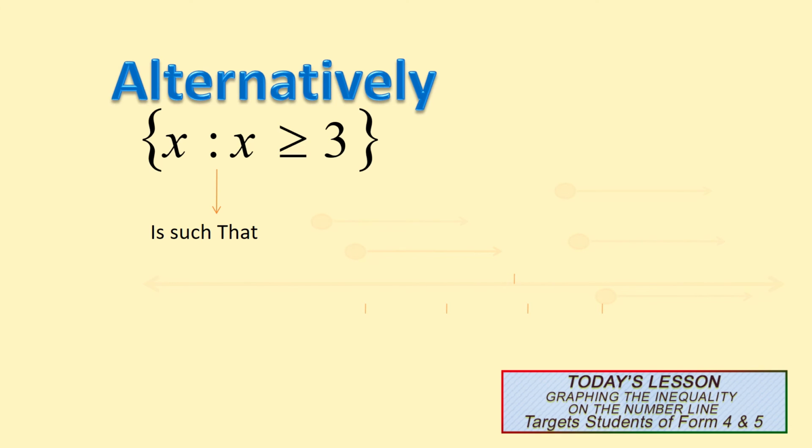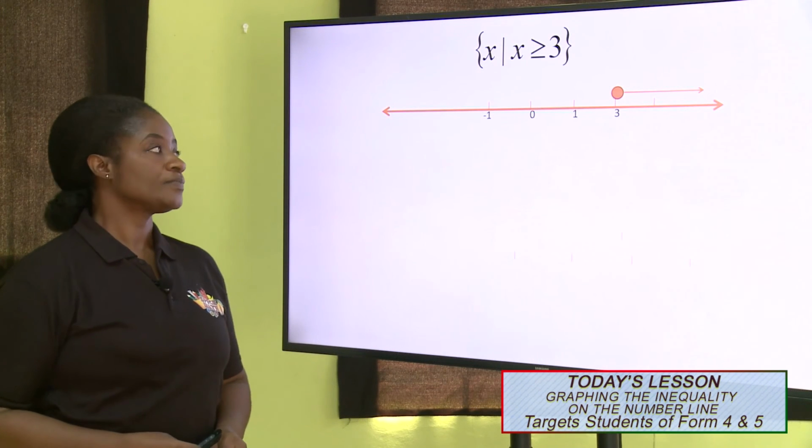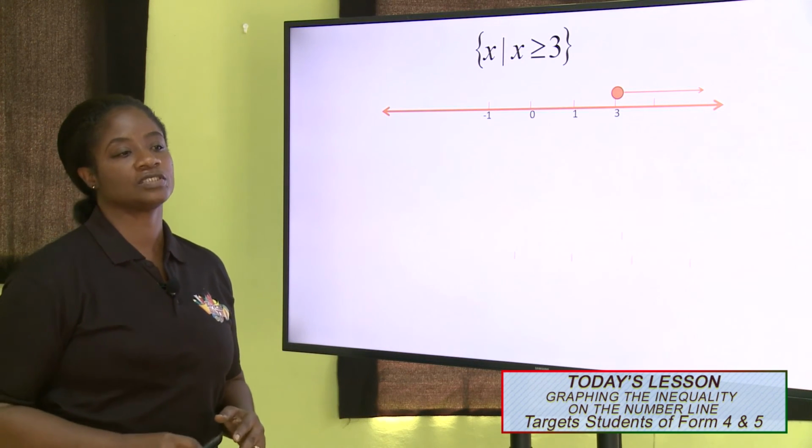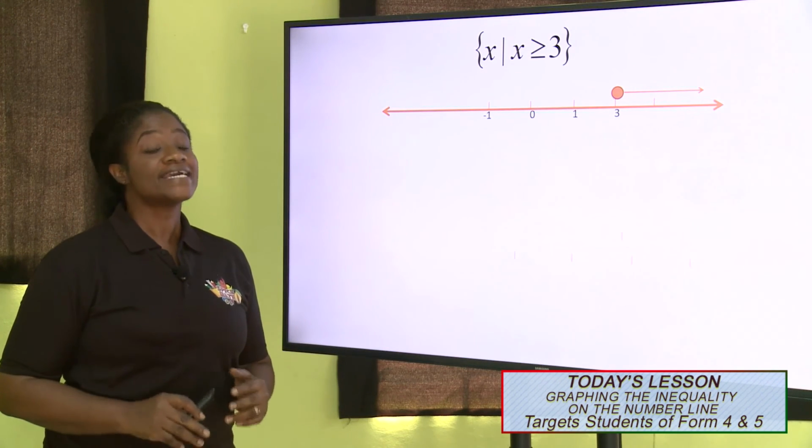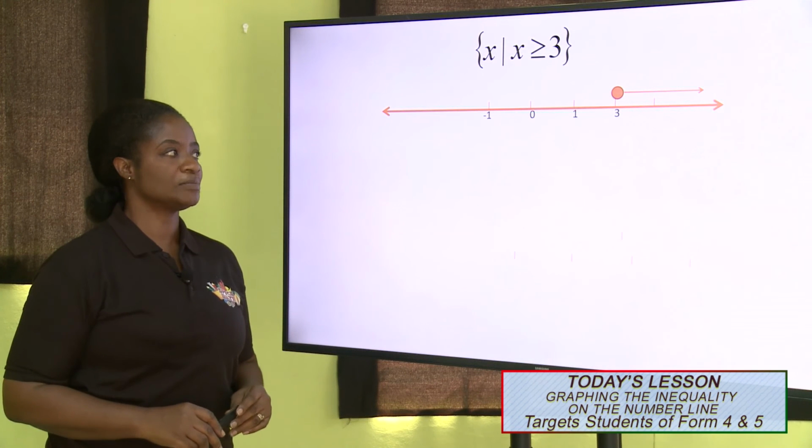Alternatively, as you would have learned in a previous video, "is such that" can be written as a colon instead of a vertical bar. We're going to transfer our set notation or our interval notation to the number line.